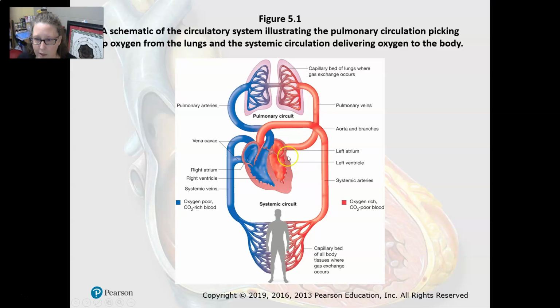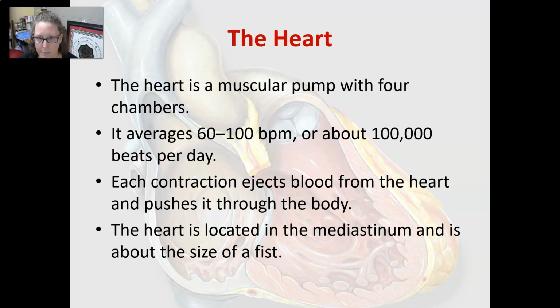And then the left side of the heart will pump this oxygenated blood through the aorta and the systemic arteries to the capillary beds all over the body, where it will deliver its oxygen and nutrients to the cells, pick up all the waste, and then return the waste in the blood via the venous system back to the right side of the heart. So there you go. Pretty simple.